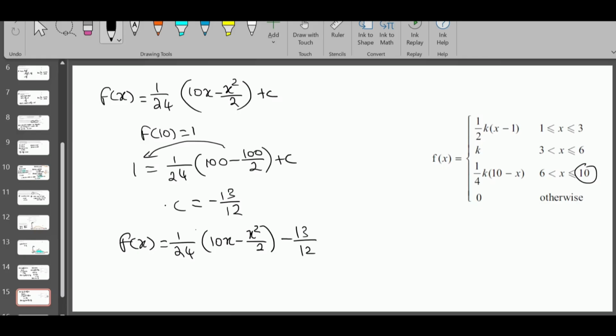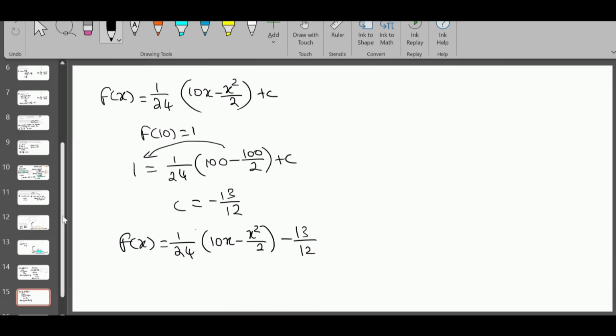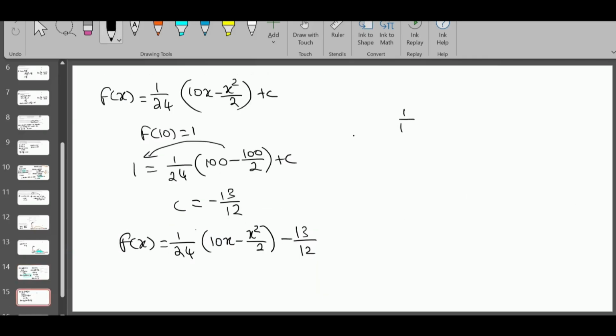Now we have to write F of x using all the F of x we have calculated so far. We are going to take one by one. The first one was 1 over 12 x square over 2 minus x plus 1 over 24.